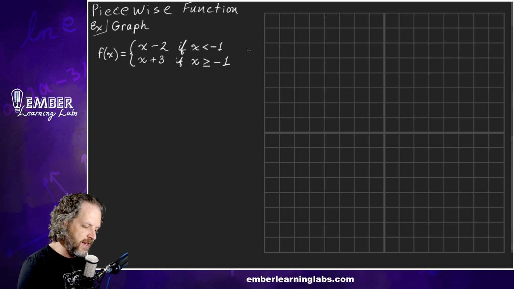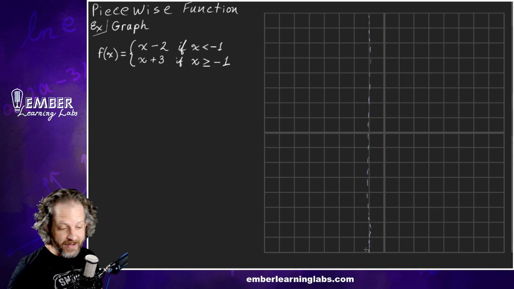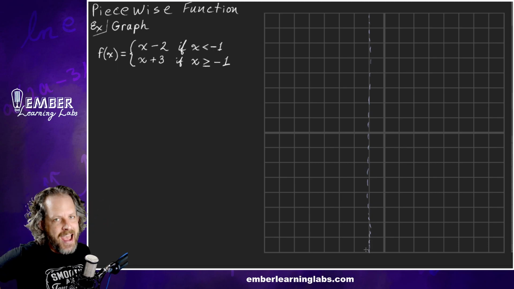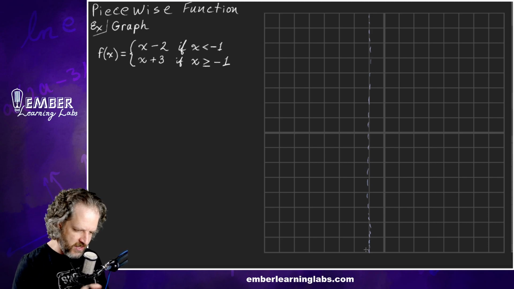But here, dot in a grid line where the breakpoint is. So at x equals -1, we're just going to dot in this line. This is not an asymptote. If you learned about asymptotes, this is not defining that, but it has the same purpose, to help us visualize a break.